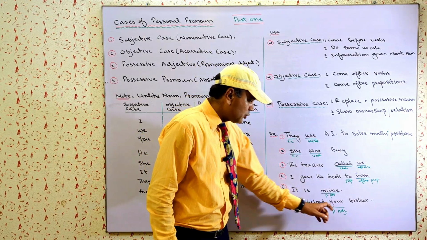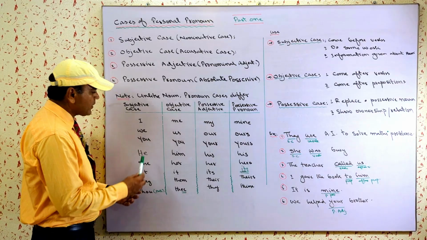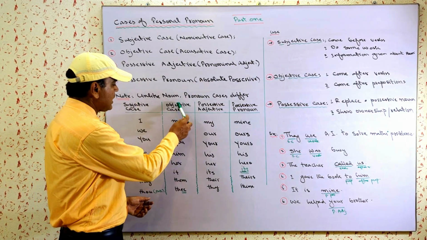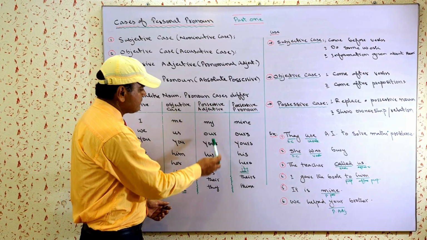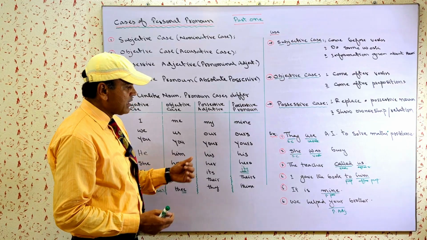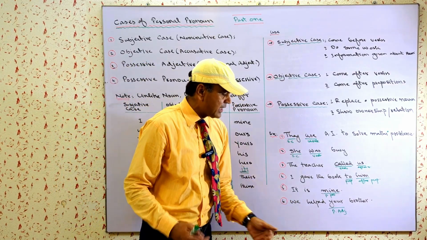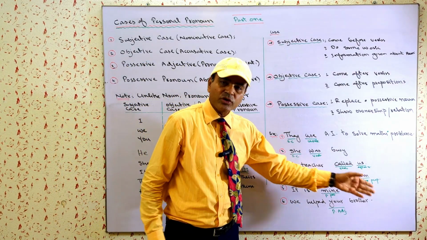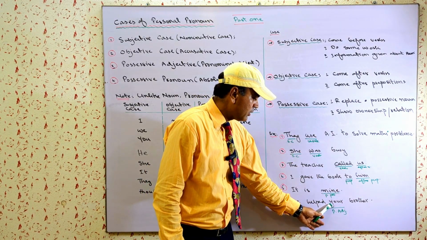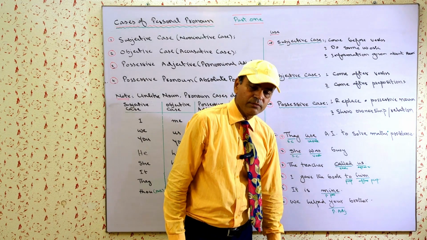And if you check it from my list, you is a subjective case, you is also the objective case, and its possessive adjective is your. I am using your because in this sentence I am showing your relation with brother. So this is what we call possessive adjective.